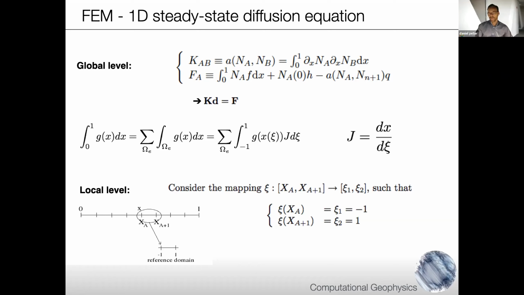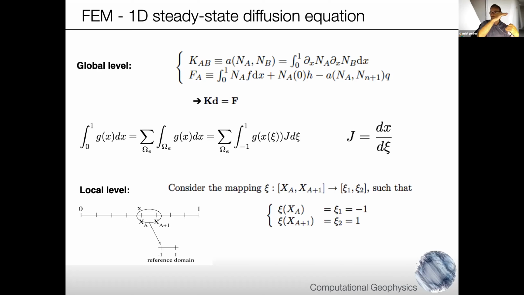So when you look at the integral expression, the very last one over the reference element, where do we account for the actual position of the element in the physical space? Where is that information? If you look at the integral expression in the middle or on the left side, 0, 1, that's the physical domain.